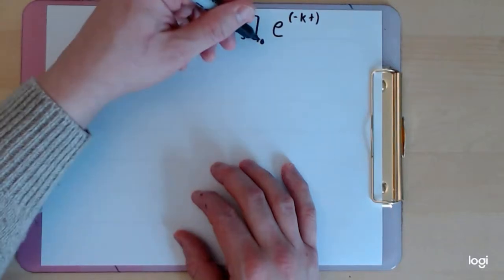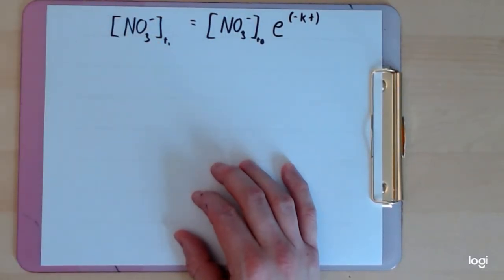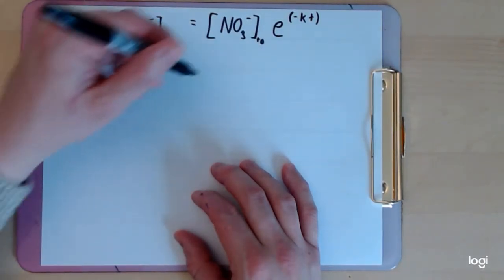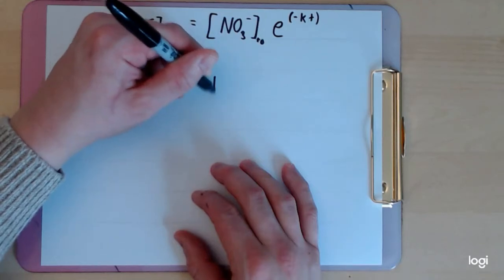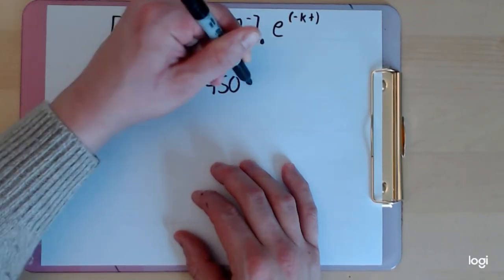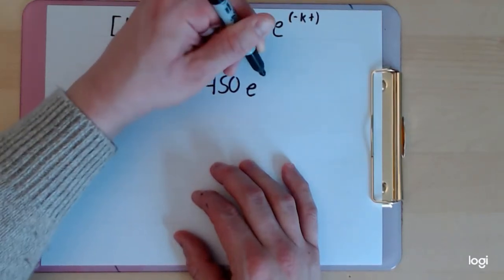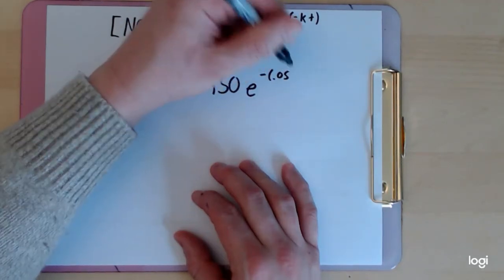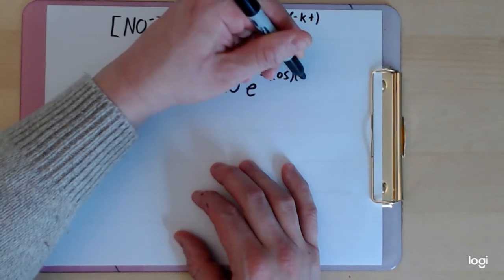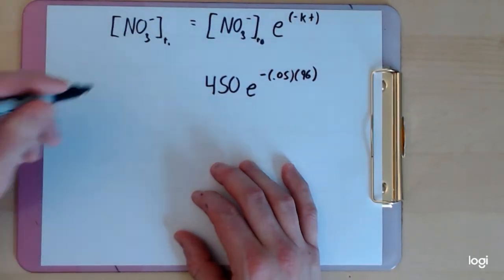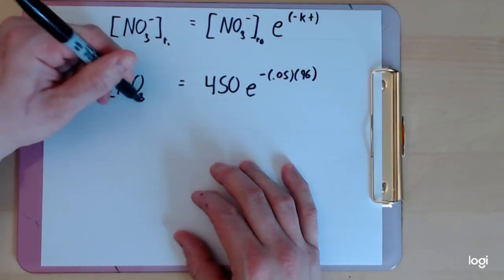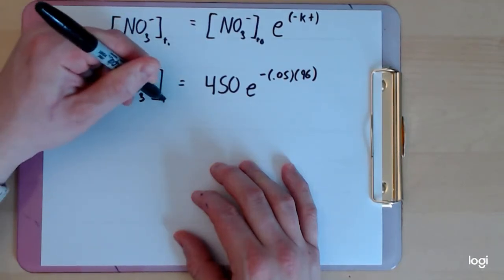So if we say time 0 is 0 hours and time 1 is 96 hours, the total flow-through time, then t should equal 96. So we just plug in our values. We have 450 times e to the negative 0.05, which was our k constant, multiplied by 96, should be our final nitrate concentration at time 1.